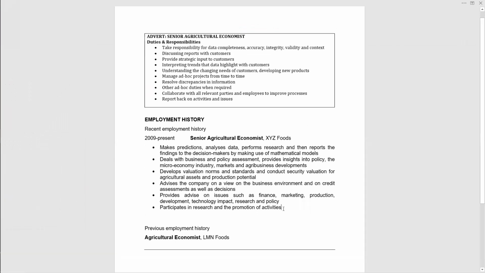And lastly, guys, I can just say when drafting your employment history, take care of what we call keywords on your job advert. Keywords might be words like customers. Instead of saying clients, say customers, because of ATS, the applicant tracking system.